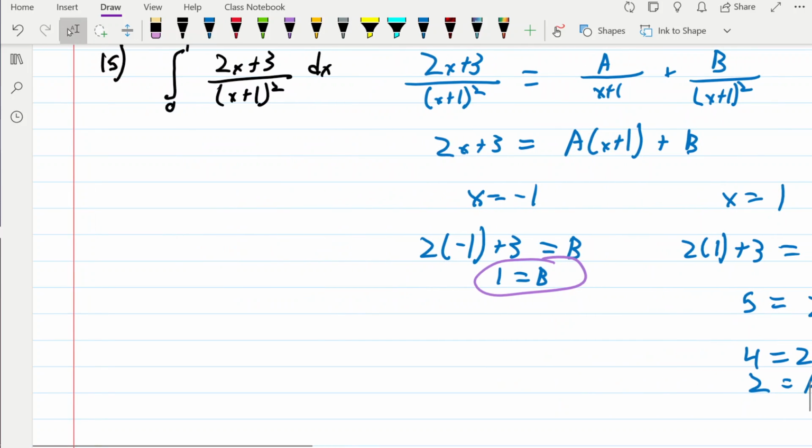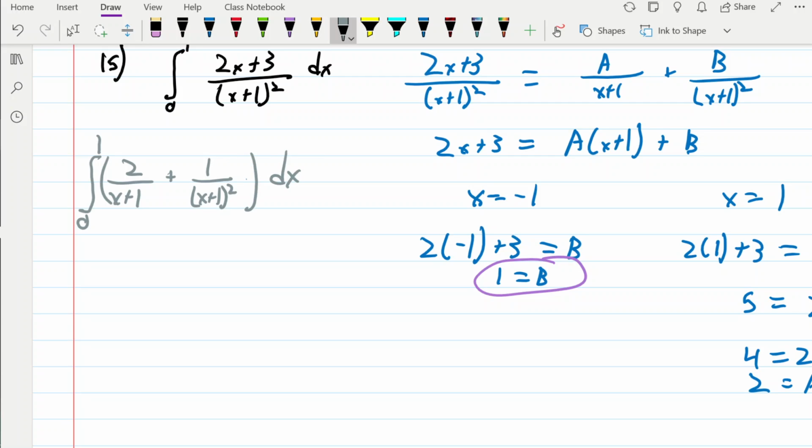All right, then we can rewrite our integral. Let's use gray here. So we're going to have the integral from 0 to 1 of 2 over x plus 1 plus 1 over (x plus 1) squared dx.